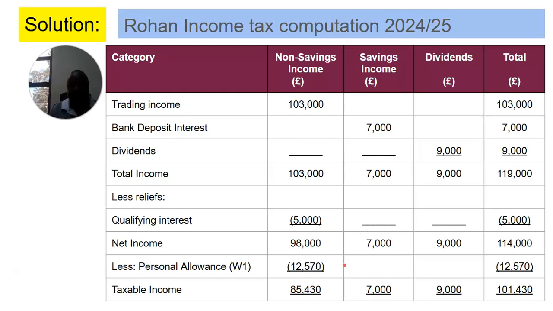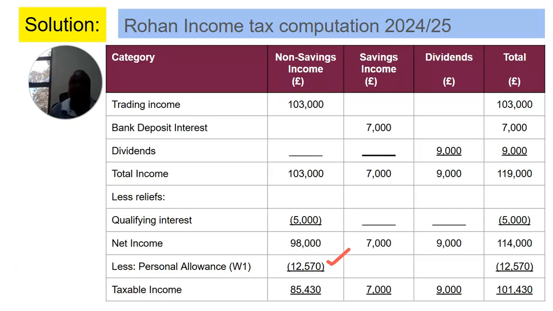Okay, so once you did the computation, once you have grossed up the donation, you realize that you are now falling below the 100,000 threshold, and it means that you are now entitled to the full personal allowance.